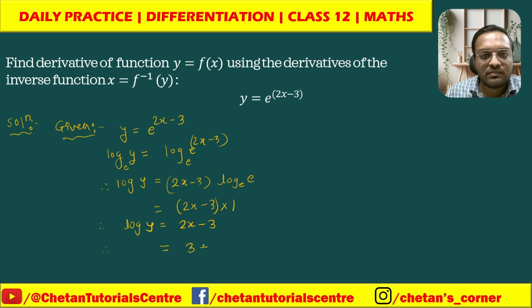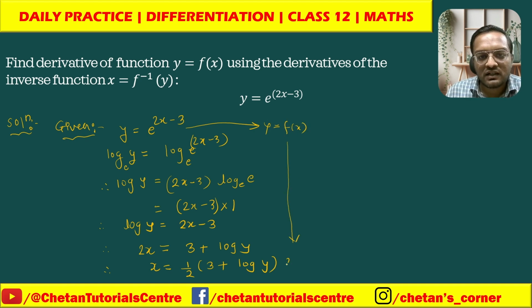What I will get? 3 plus log y is equal to 2x. Therefore x will be equal to 1 upon 2 times 3 plus log of y. So in this way we have converted this given function of x into its inverse function, x is equal to f inverse of y. We have just used laws of logarithm and converted this f of x into f inverse of y.